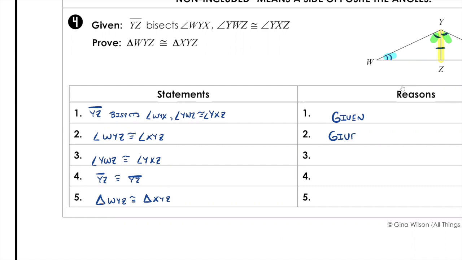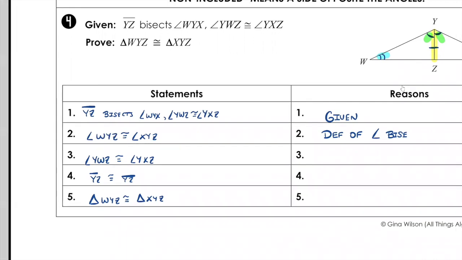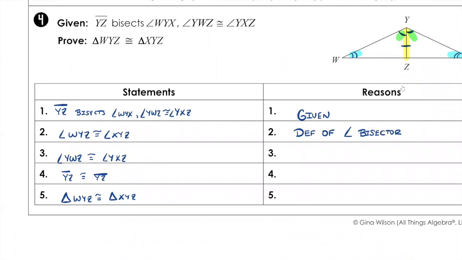How come? Why is this the definition of angle bisector? But why is it cut in half? Because it bisected it in the previous statement. So we used our bisector to prove that it cut it.